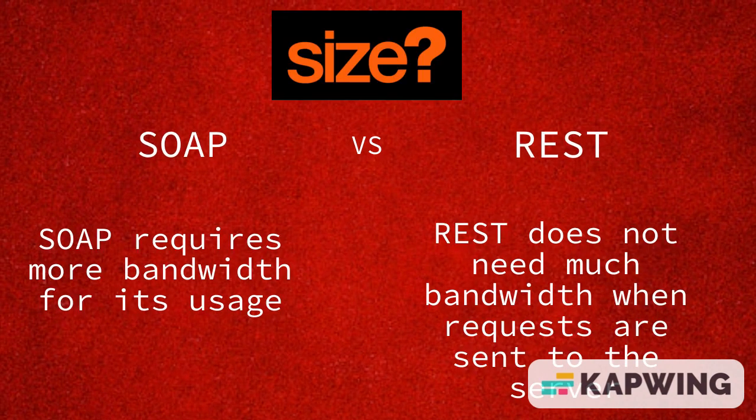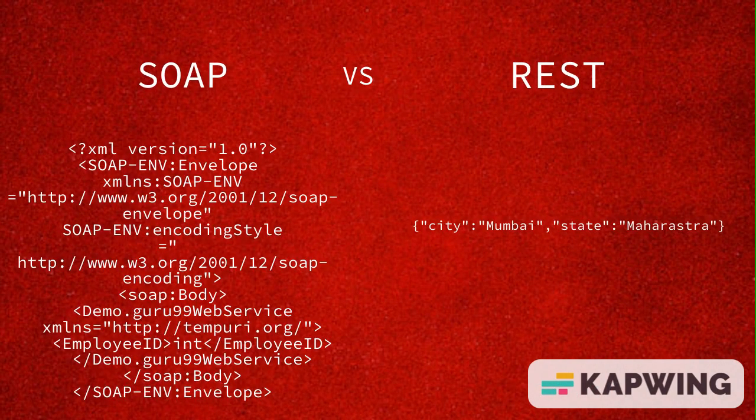SOAP requires more bandwidth for its use, since SOAP messages contain a lot of information inside them, and the amount of data transferred using SOAP is generally a lot, while REST does not need that much bandwidth when the request is sent to the server. And you can see the difference between these two. On the right, you can see that the size of the message in REST is comparatively way smaller than SOAP.